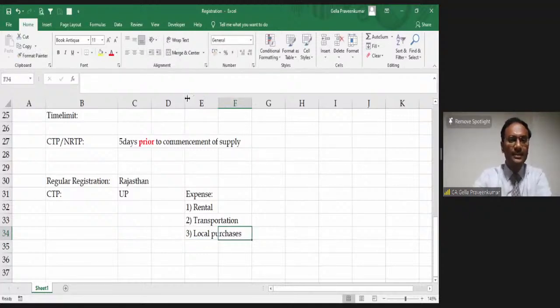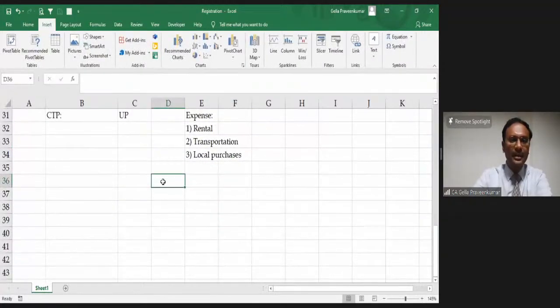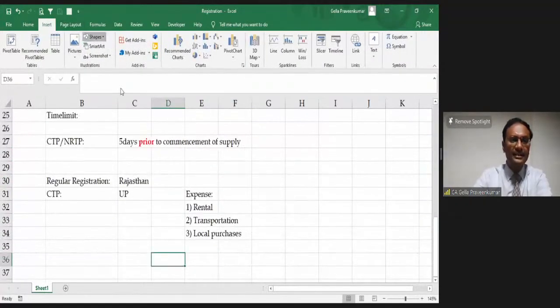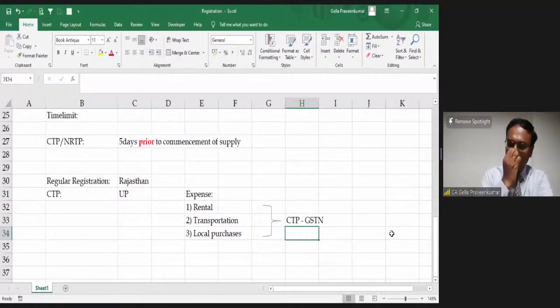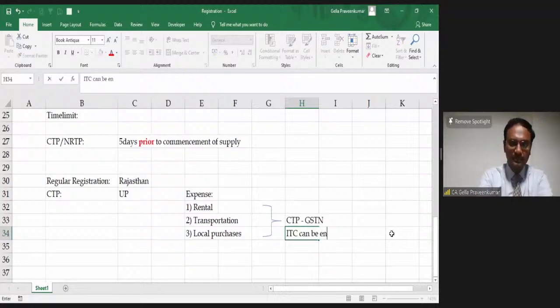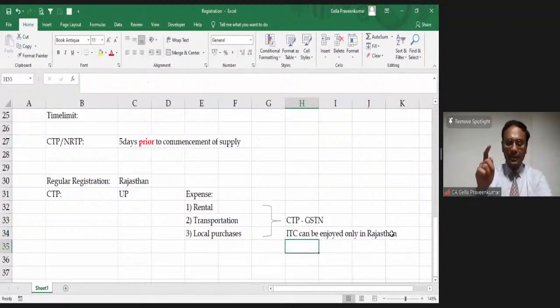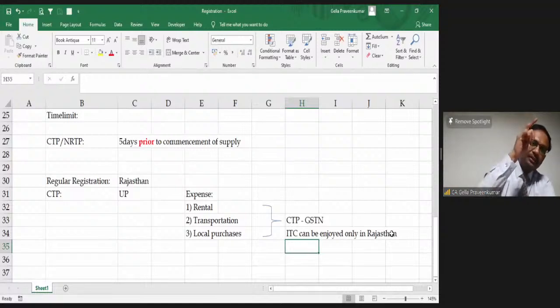Now, please bear in mind all these expenses where I have paid taxes. For these particular expenses, I can take the benefit of input tax credit only in the CTP GSTN. This benefit I can enjoy. The benefit shall not flow back to the state of... let me correct.